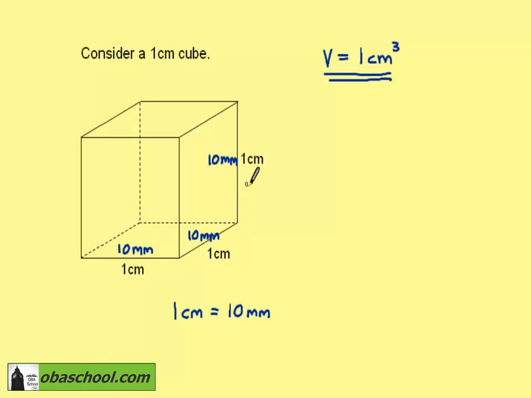The volume in millimeters cubed then will be 10 times 10 times 10. This gives us 1000 millimeters cubed.